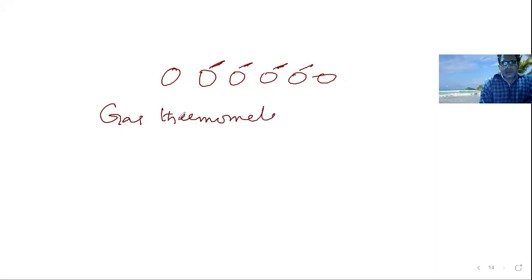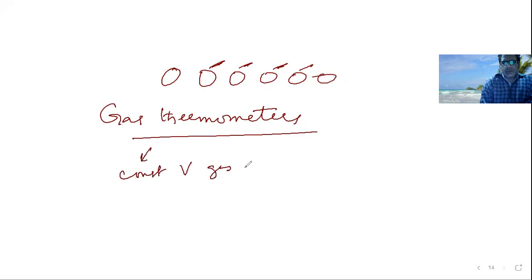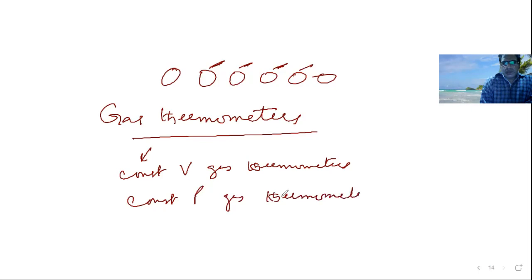Gas thermometers can be constant volume gas thermometers, or constant pressure gas thermometers. In constant volume gas thermometers, we define temperature as function of pressure, and in constant pressure gas thermometers, we define temperature as function of volume.